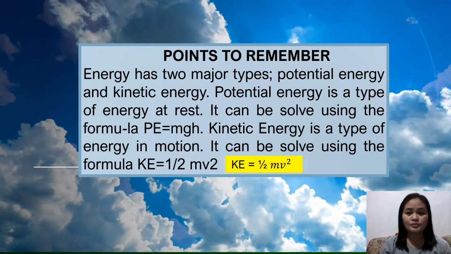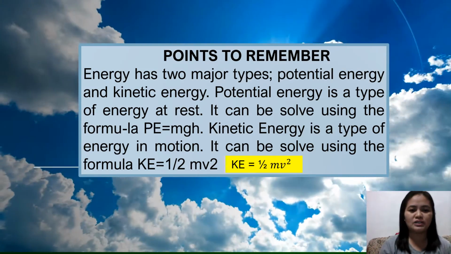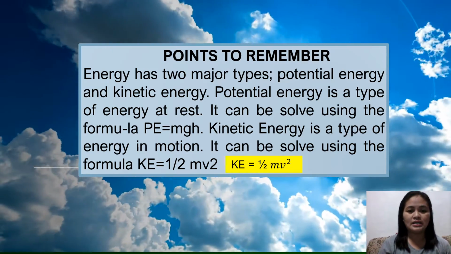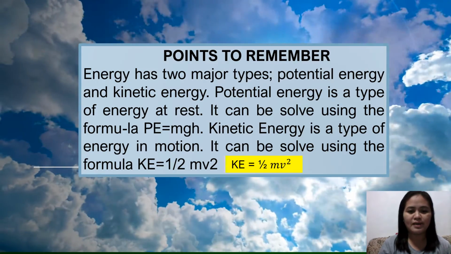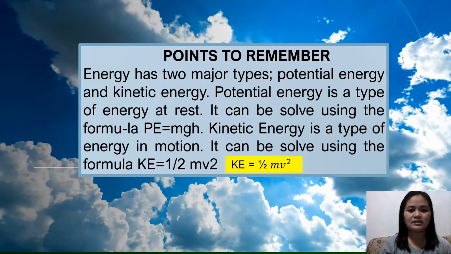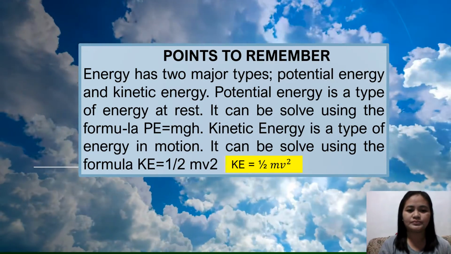It can be solved using the formula PE is equal to mgh. These letters stand for mass, force of gravity, and height, and the operation involved is multiplication.